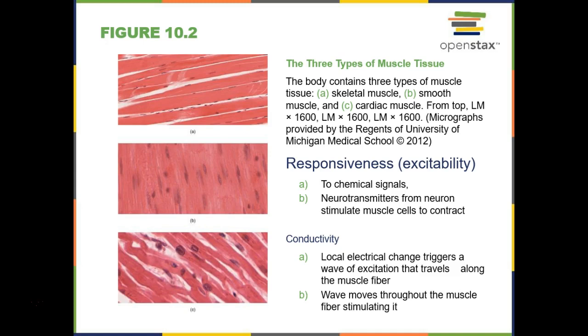They have a plasma membrane that is highly excitable, and when something excites that plasma membrane, they will then conduct that excitability along the plasma membrane and down into the muscle's cytoplasm.